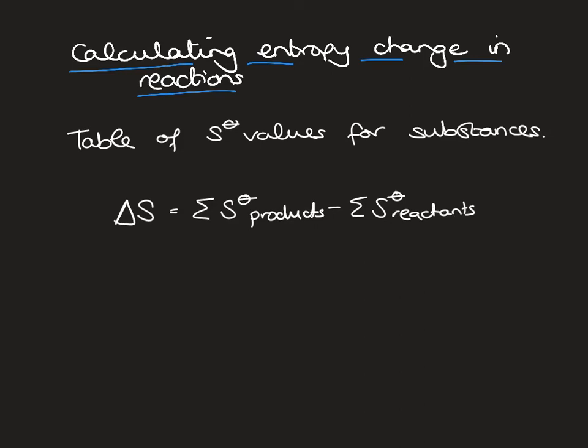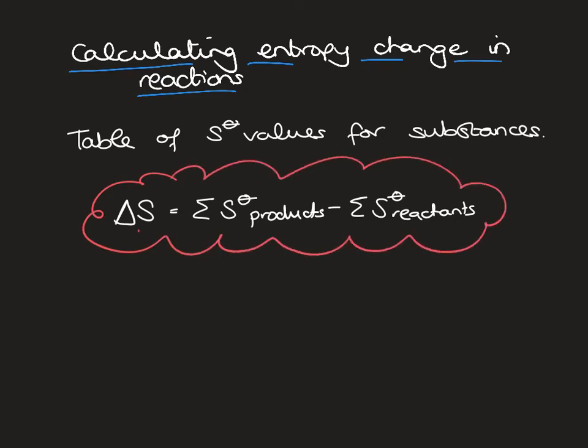All you need to do is to do that calculation, and you will be able to get a value for delta S. And just remember that the units for these are in joules per Kelvin per mole, or sometimes joules per Kelvin if you're not dealing with moles there.